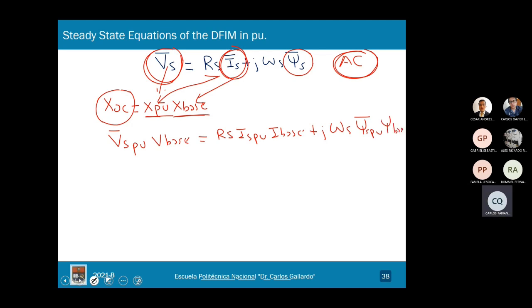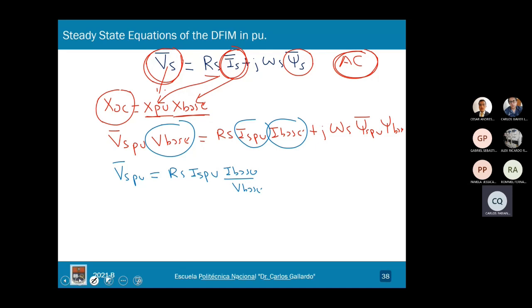Okay, so from this equation, isolating the voltage base, I will have the stator voltage per unit value equal to the stator resistance times the stator current per unit value times the base, so the current base over the voltage base.